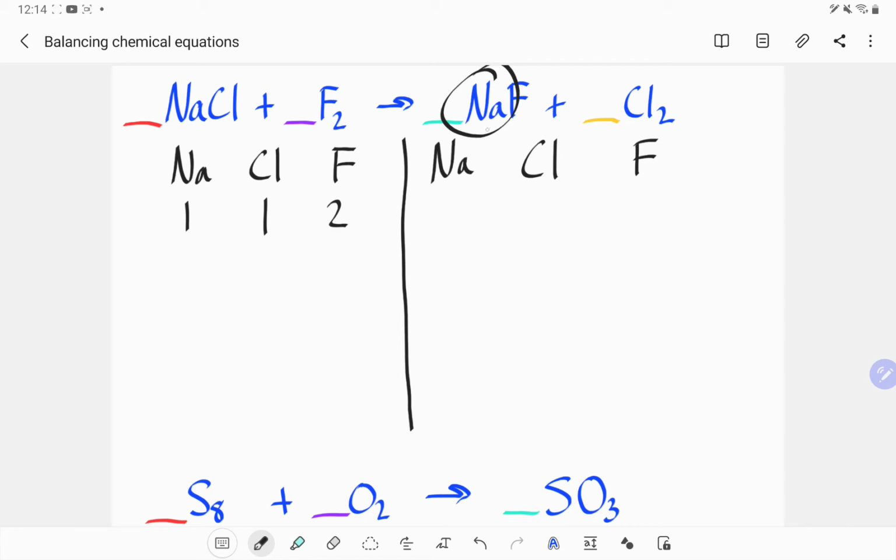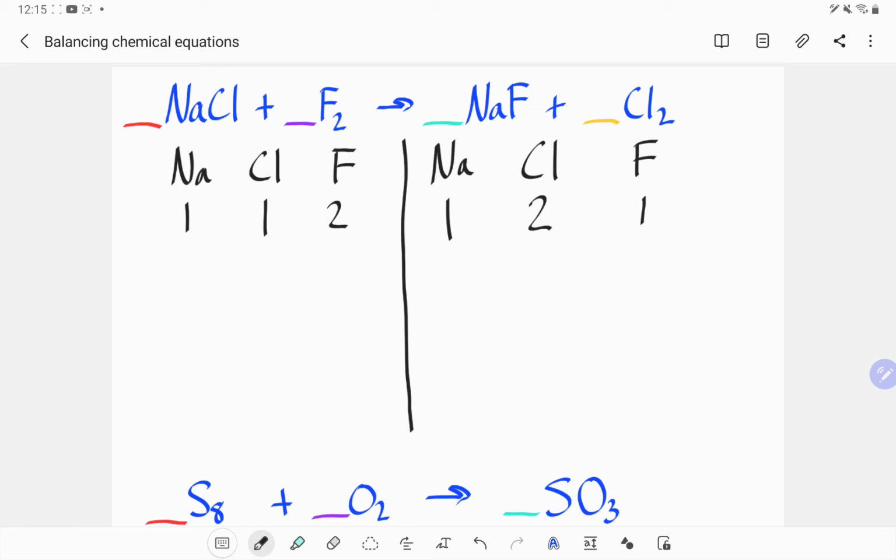I have 1 sodium, 1 fluorine, it's over here, and I have 2 chlorines. Write that down right there. So as we can see here, our sodiums are balanced, but chlorines and fluorines are both unbalanced. We need to figure out what we can do in order to balance these both and to solve this question.